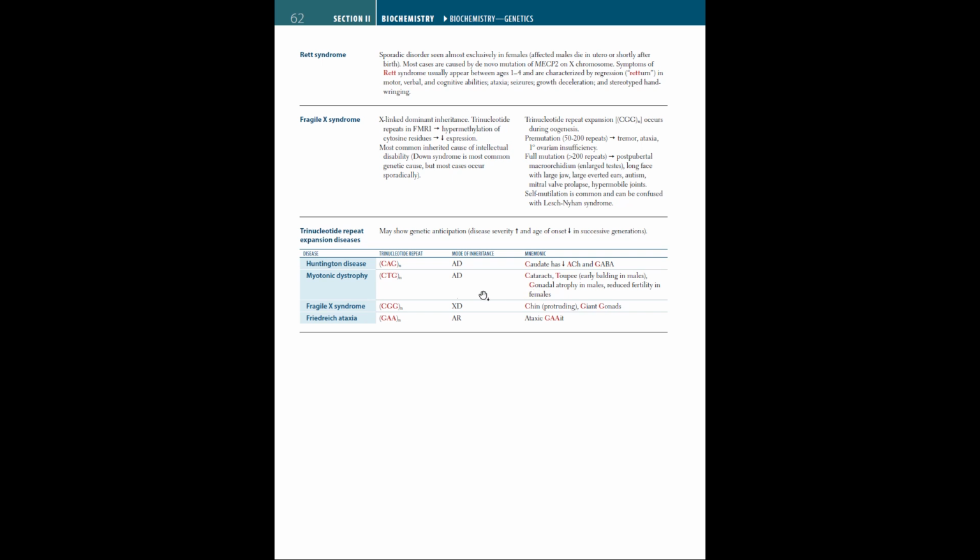So CTG. Fragile X syndrome, CGG, is an X-linked dominant inheritance. And the mnemonic for CGG is chin protruding giant gonads. Friedreich ataxia is GAA, which is autosomal recessive. And here's the mnemonic.